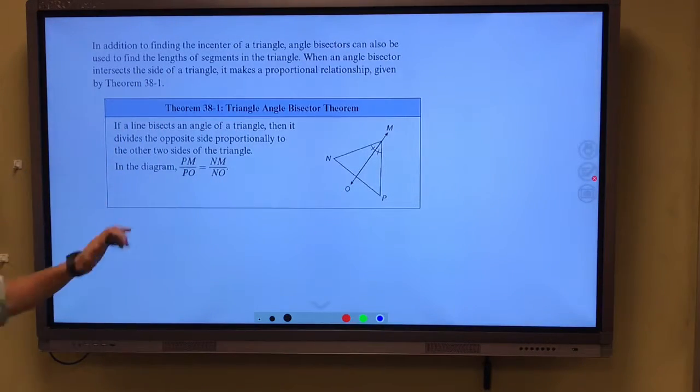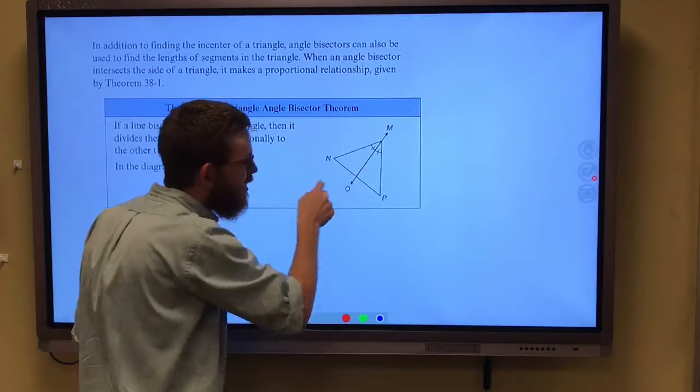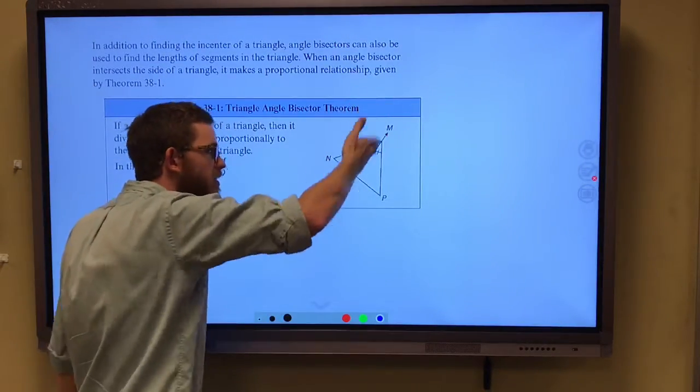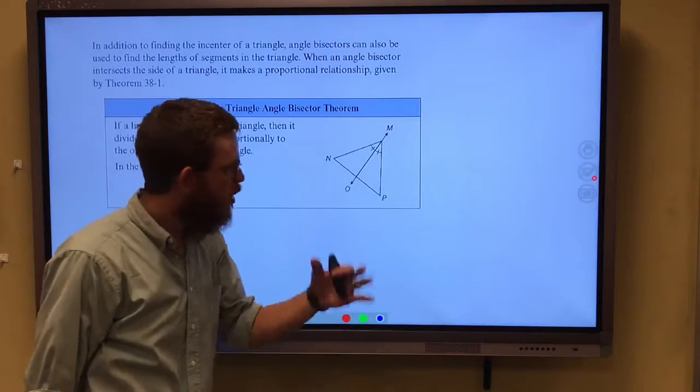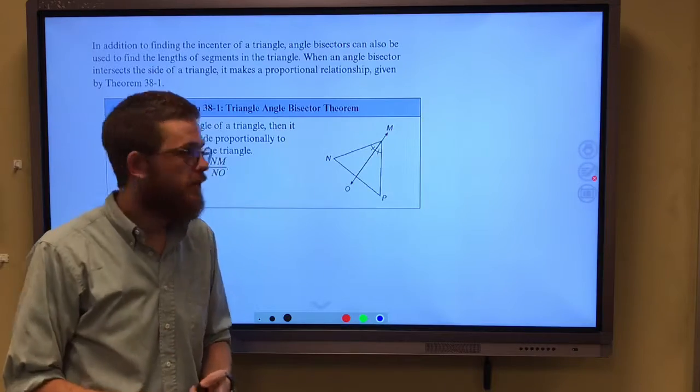Moving on here, we have the triangle angle bisector theorem. Now, if we bisect an angle and we draw that line through our triangle, then this splits our triangle proportionally.